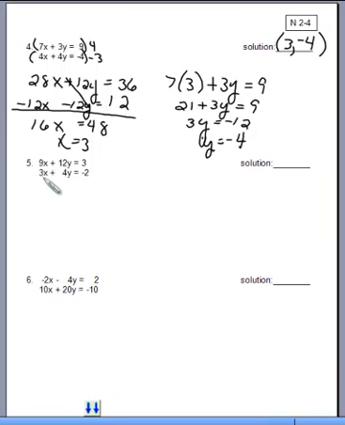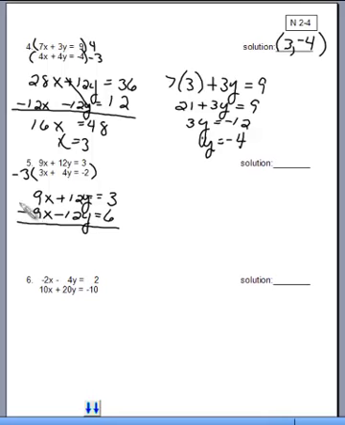Now, on this one, we're going to solve by elimination again. So I'm going to multiply this second equation by negative 3, looking at the 9. So we have 9x plus 12y equals 3, and multiply the second by negative 3. That gives me negative 9x minus 12y equals 6.